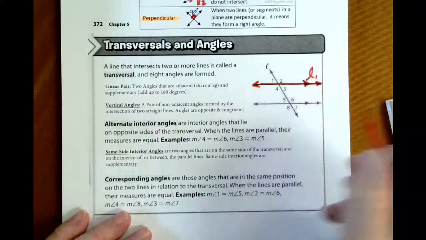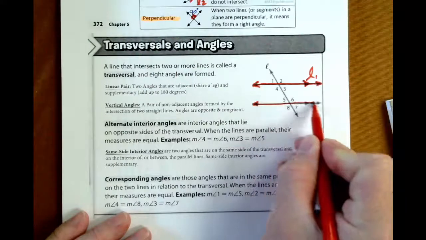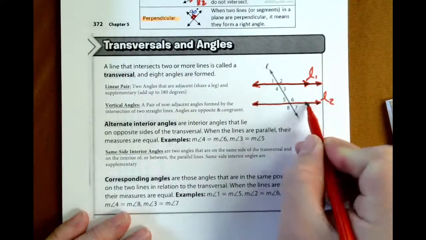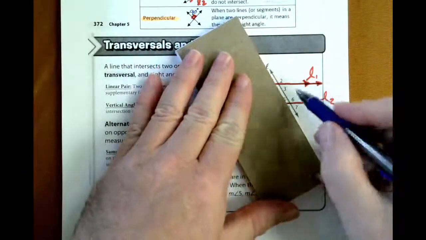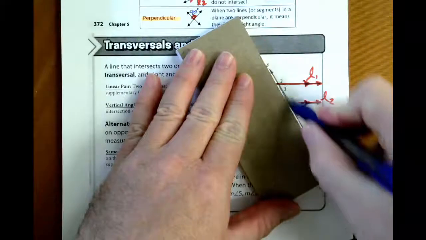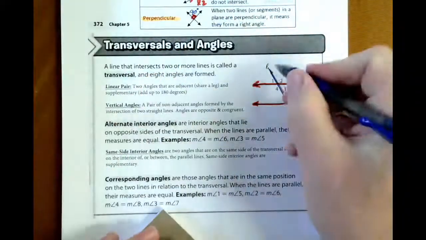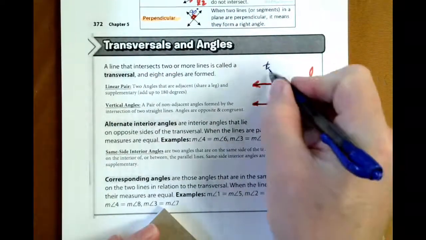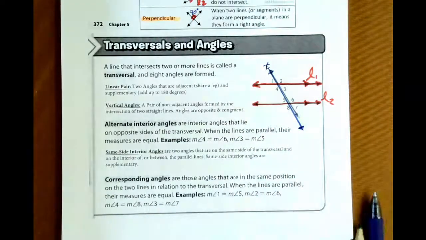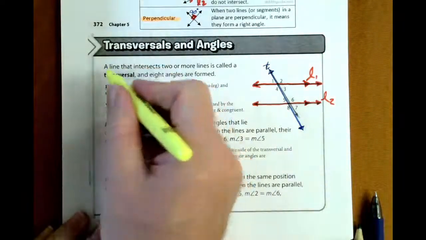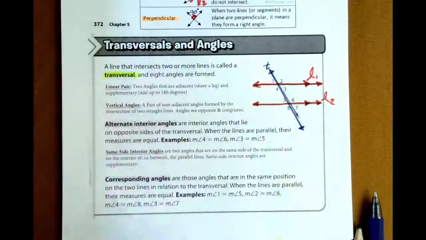We're always going to call the parallel lines line 1 and line 2, and we have our transversal line coming across. We're going to call this line T. That's the T for transversal. And you can see that word here.